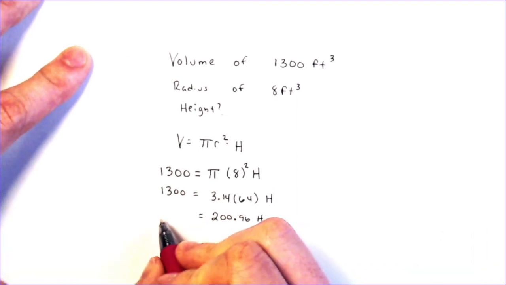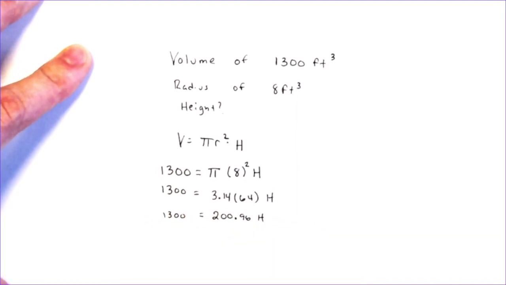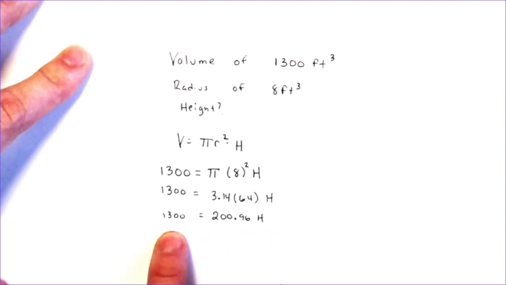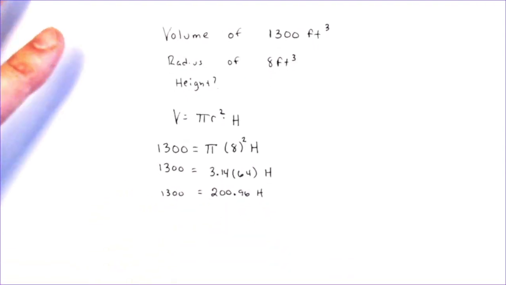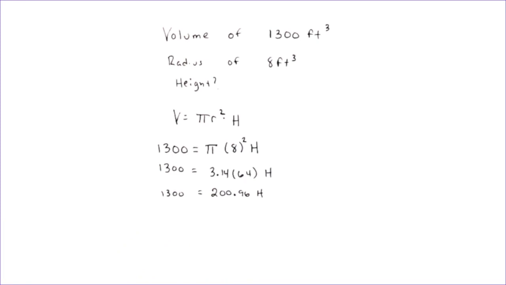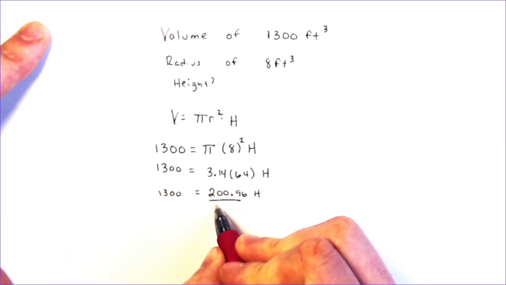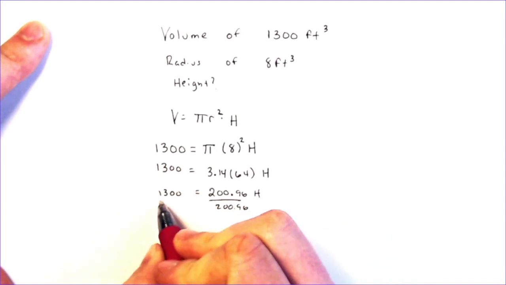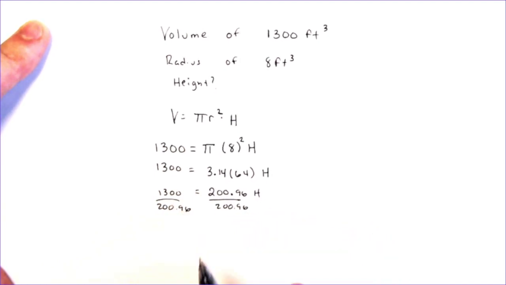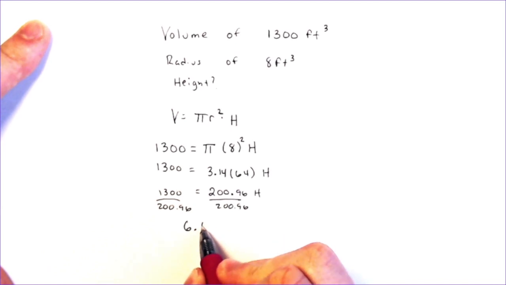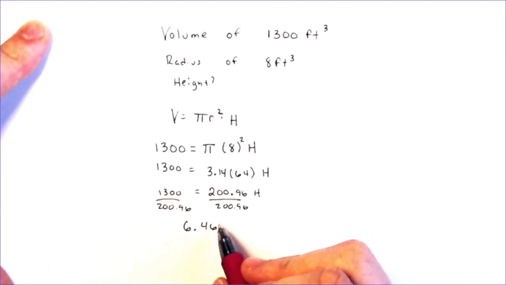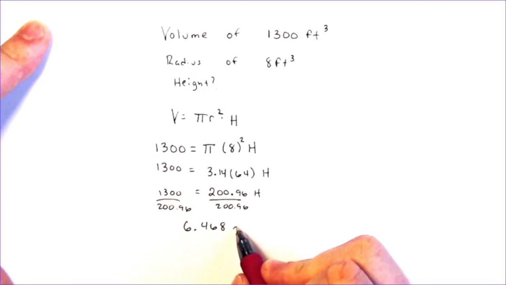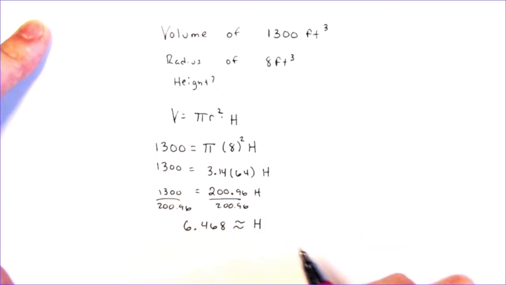So 200.96 times h equals 1,300. All we have to do now is divide 1,300 by 200.96. When we divide by the 200.96, we get approximately 6.47, approximately the height.